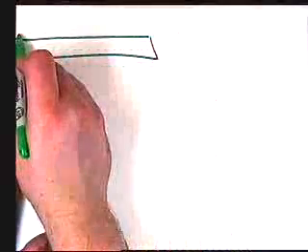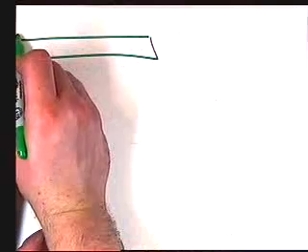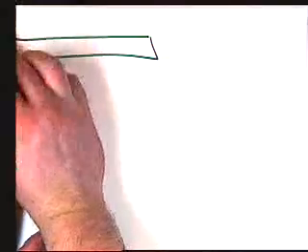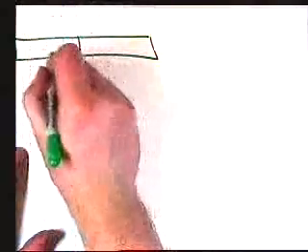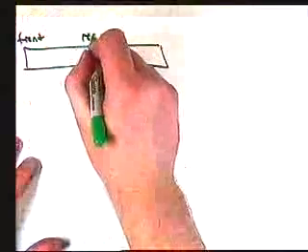The array implementation is a little bit more interesting. If I line up the rear of the queue at the start of the array, every time I insert, I'm going to need to scoot things down. So I'm better off lining up the front of the queue here and the rear of the queue here.